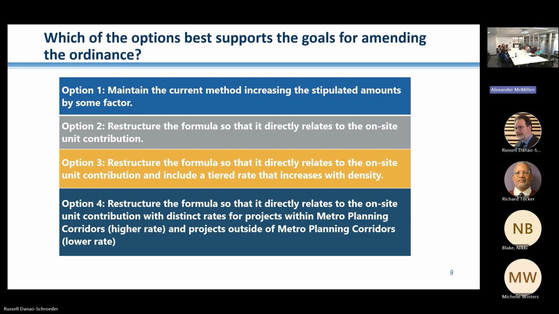For example, I think option 3 is a little lacking in that it restructures the formula and creates these tiers in a way that, in my view, penalizes larger density developments, which I think we should incentivize. Creating tiers, saying if you have more density then you're going to pay, would disincentivize it. But that's the way that is embedded.